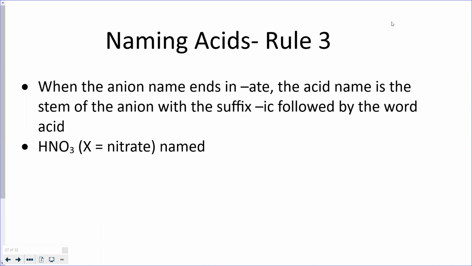All right, and our last acid rule, this deals with the polyatomics or anions that end in ATE. So yet again, there's no prefix. For the acid name, we take the stem of the anion, and it has the ending of ic followed by the word acid. So similar to the first rule, but there is no prefix. So HNO3, NO3 is nitrate.